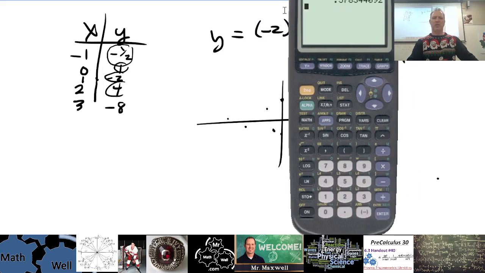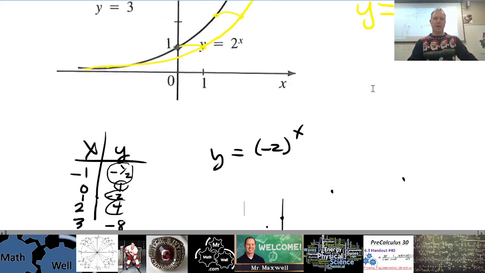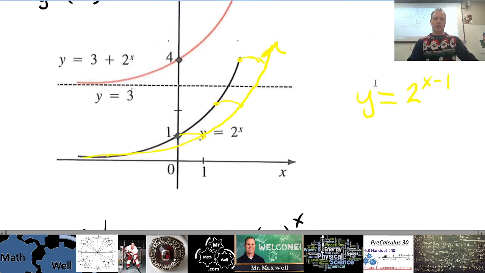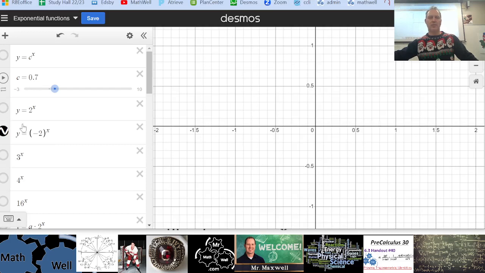If you change this a little bit, you see that it's going to be flipping from positive to negative, and it's not going to be continuous. That's the thing. It's not going to be continuous, so it doesn't really show up on graphs when you try to graph it. So a negative base for an exponential function is not able to be graphed. It's not a continuous function. So this is where we have just positive bases. And again, if you try to graph it on Desmos, it doesn't show up.